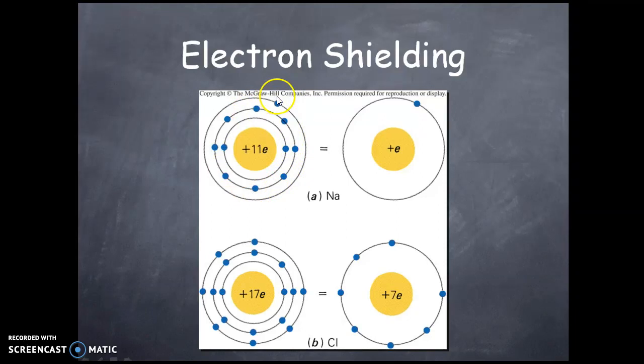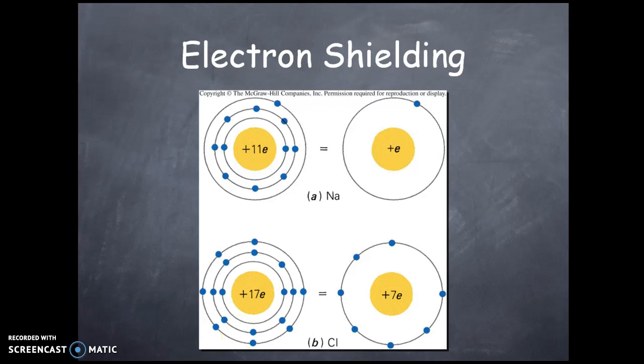If this electron is removed, then this will become a stable element just like helium, because helium is the closest atom to sodium. So it would be trying to get rid of that excess electron so that it would behave like helium. And you can see this chlorine right here has 17 protons, so it should have 17 electrons in its orbit, and when you count it, it is all 17.